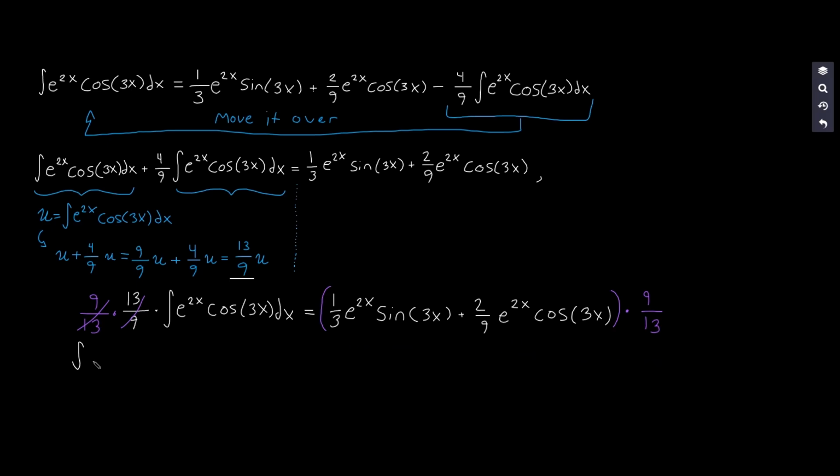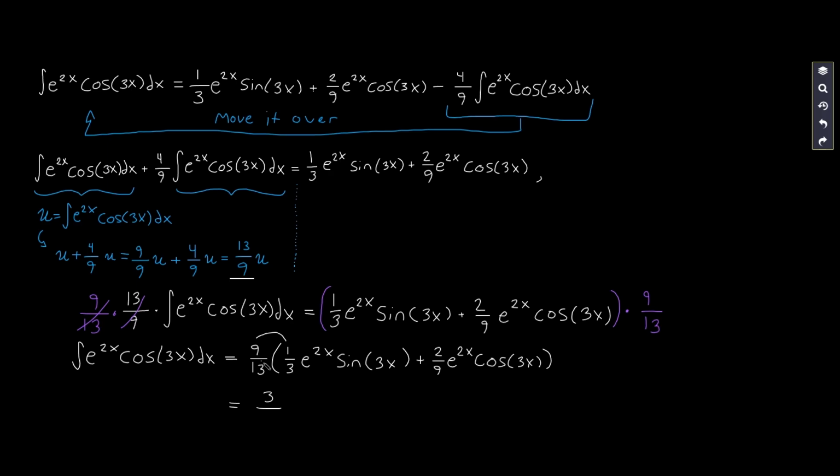Now, the indefinite integral of e raised to the power of 2x times cosine of 3x, integration with respect to x, equals 9 over 13 times 1 over 3 times e raised to the power of 2x sine of 3x plus 2 over 9 times e raised to the power of 2x times cosine of 3x.